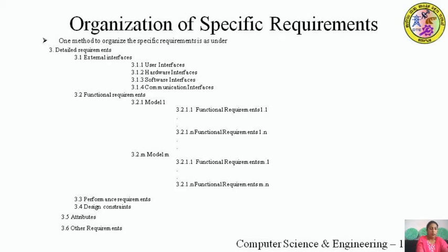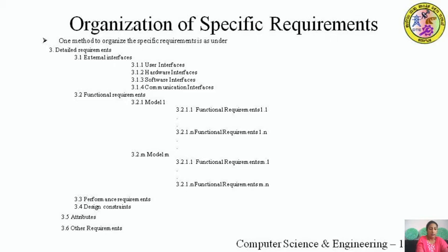The functional capabilities of the system are described in the functional requirements section. For each functional requirement, the required inputs, desired outputs and processing requirements are specified. The performance section should specify both static and dynamic performance requirements.